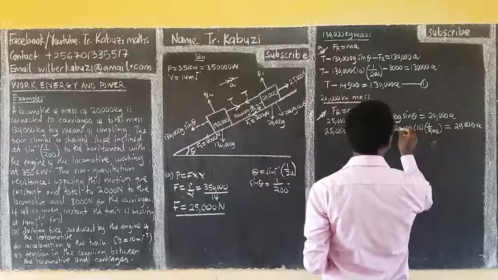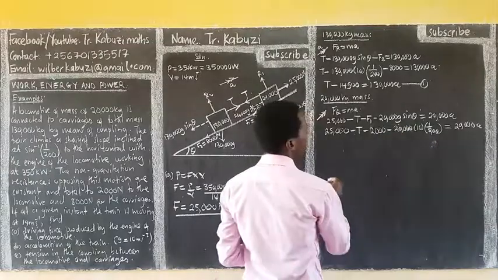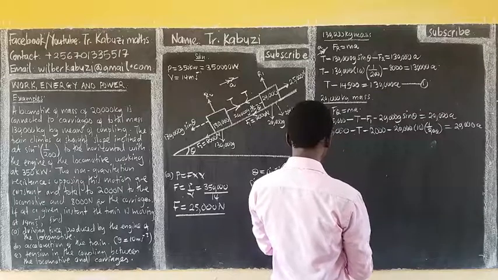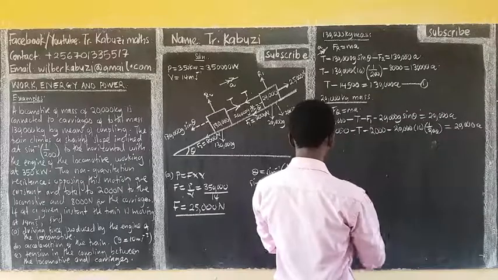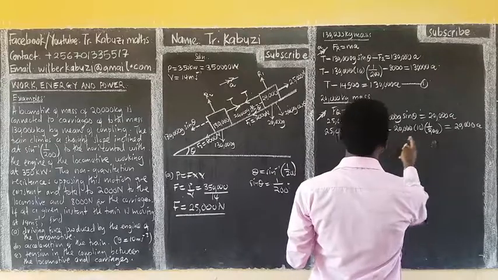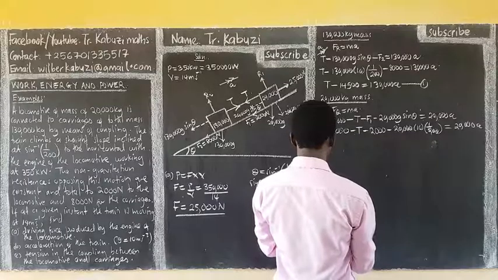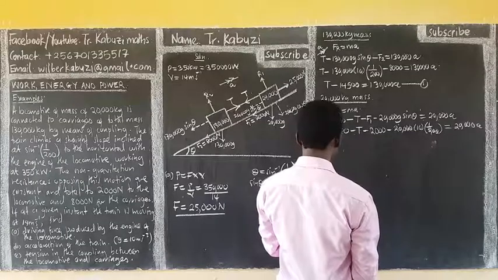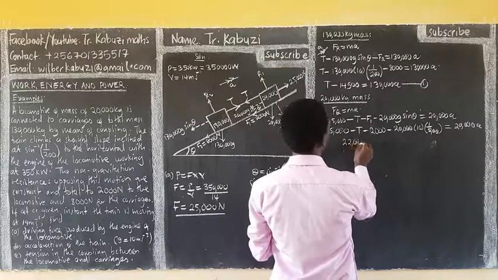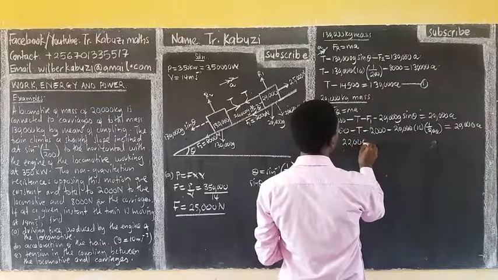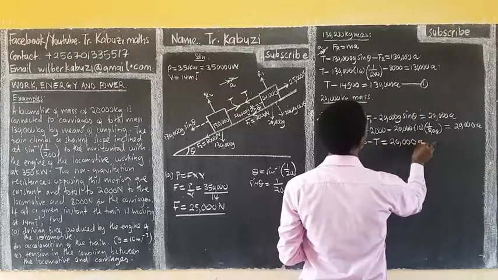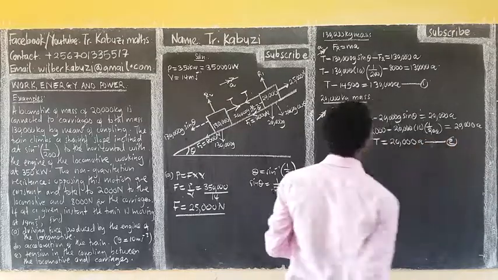So I have 25,000 minus 2,000, then minus this, which I think is going to be 1,000. So we shall be having 22,000 minus T equals 20,000 a, and this would be equation 2.